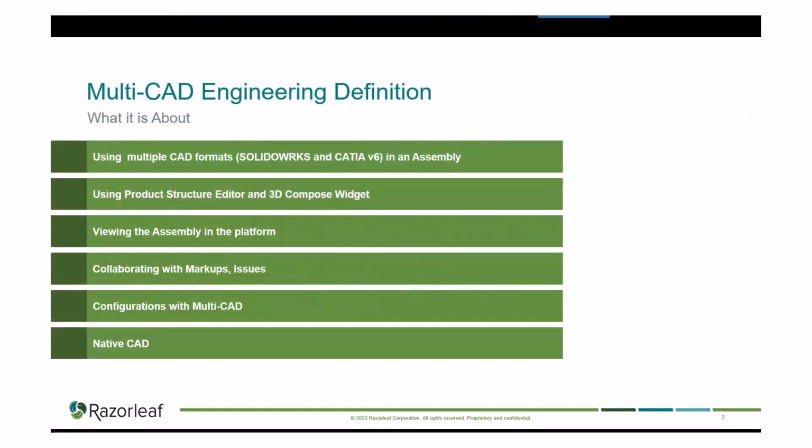So Multi-CAD engineering definition, and what is it about? We're using Multi-CAD formats across either different divisions in your company, or you are a startup and you've hired other people to do CAD work for you. Your supplier may be creating motors or engines or whatever, and you're using those components in your assembly.